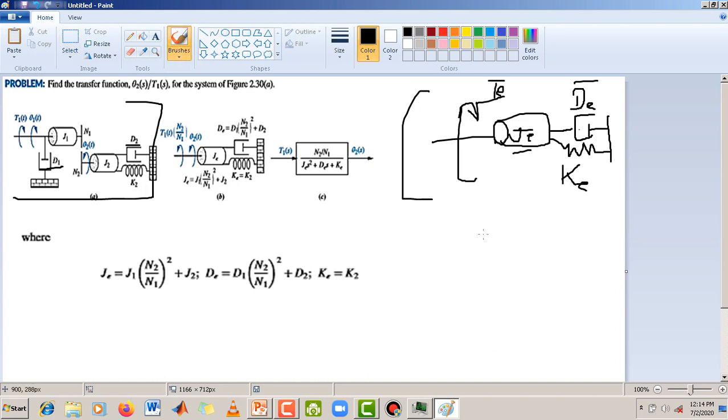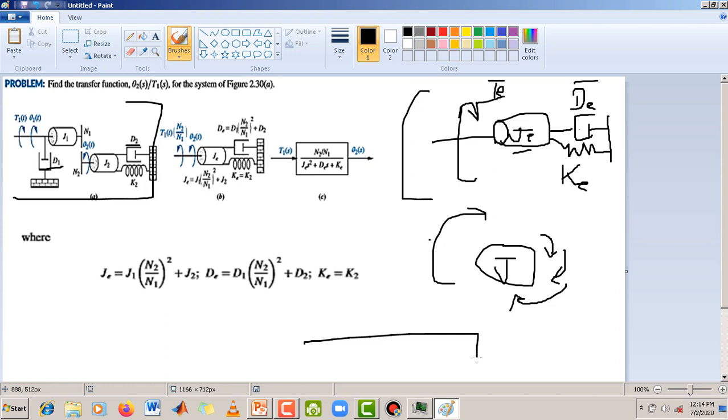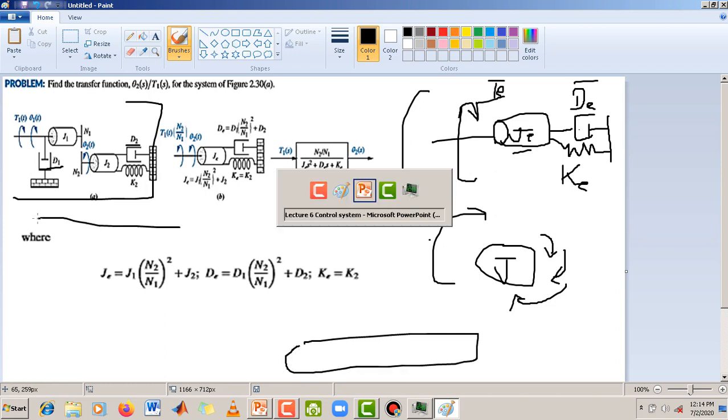Let's say this is your J, and you do the same procedure: the torque is applied in this direction, the damping was in this direction, the K was in this direction, the inertia was in this direction. So you add up these things, you write the equation, and the equation for this system turns out to be this.